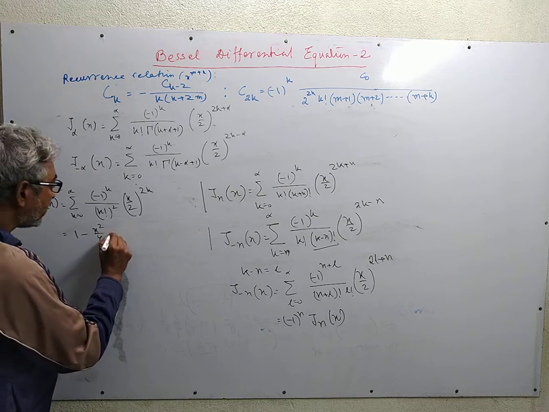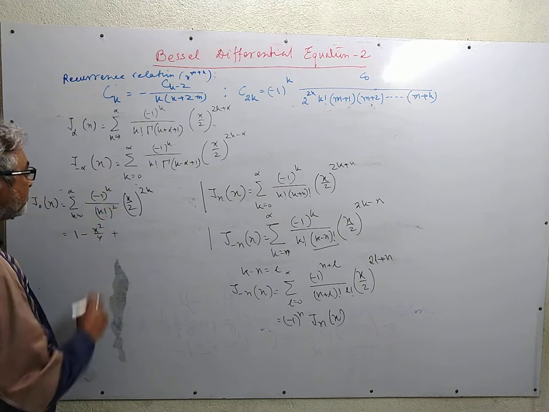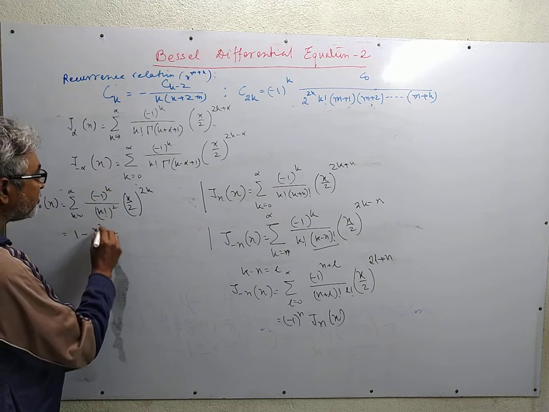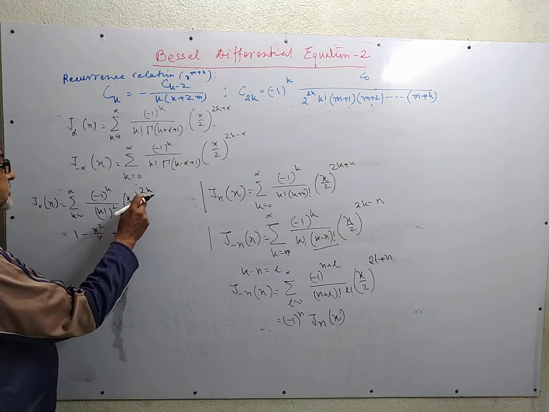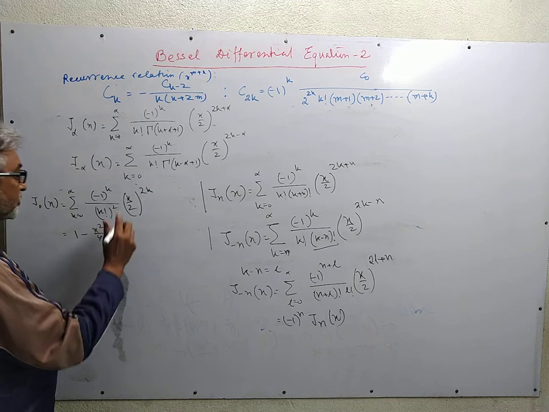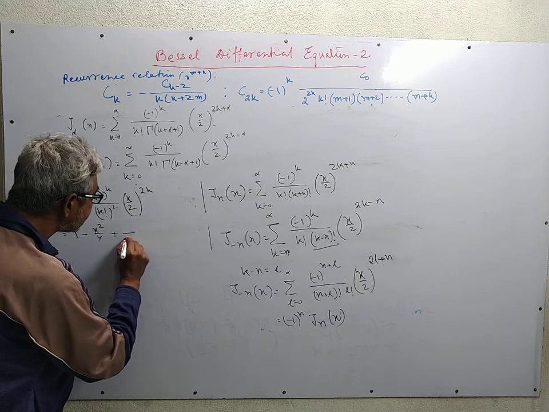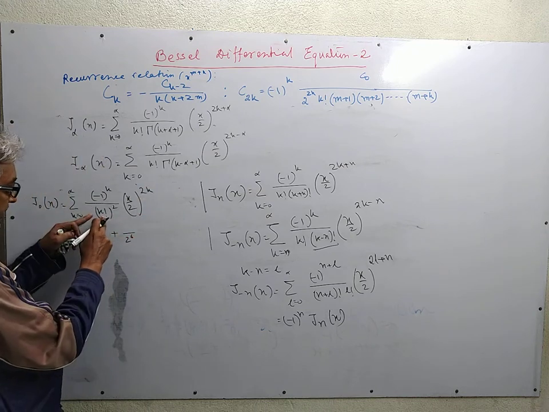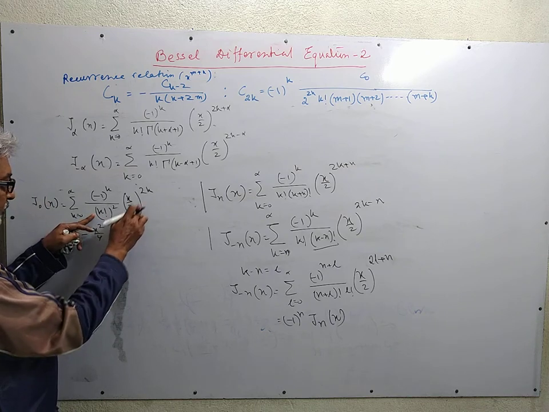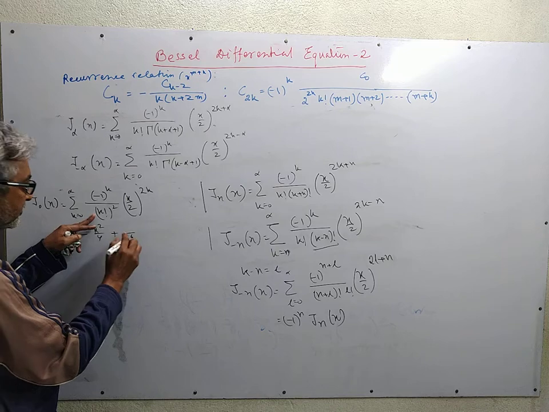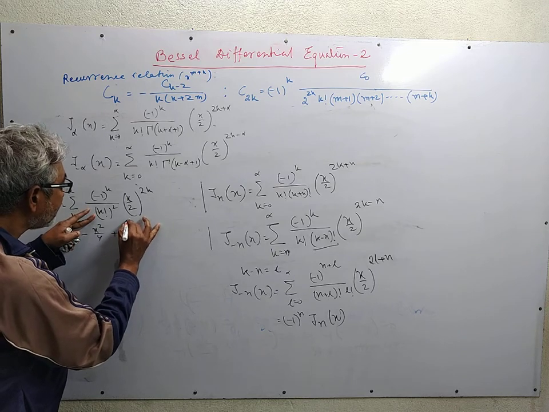Then putting k is equal to 2, this is 1, this is 2 factorial square, so this is 4, and this is 4, so this is 2 to the power 6. Here 2 factorial square, so 2 square, and here we have 2 to the power 4, so 2 to the power 6, x to the power 4.